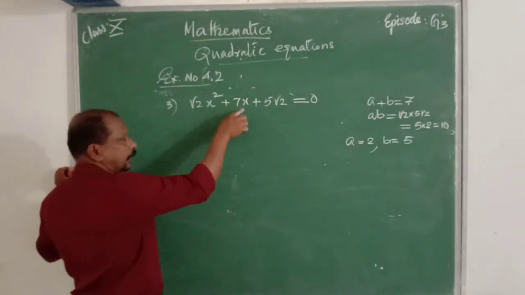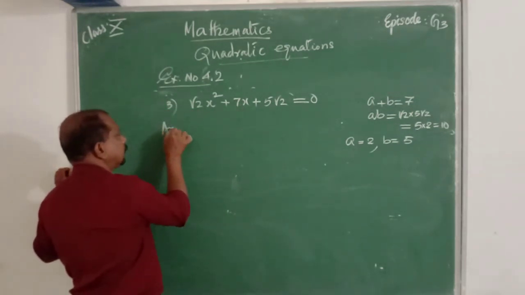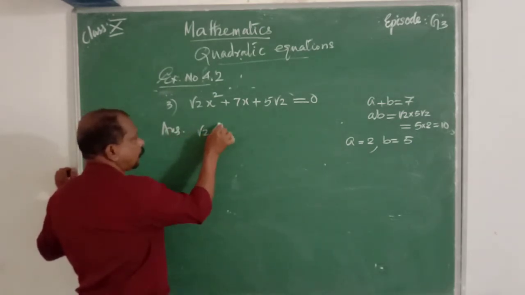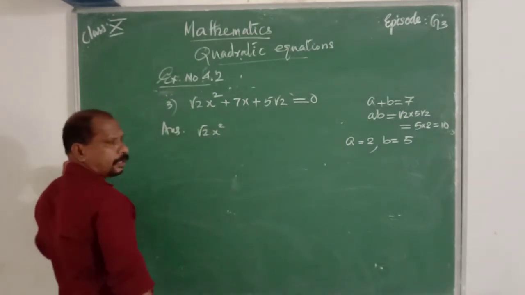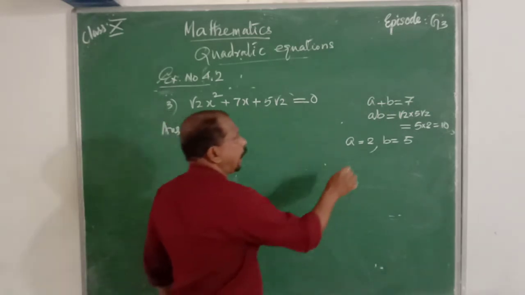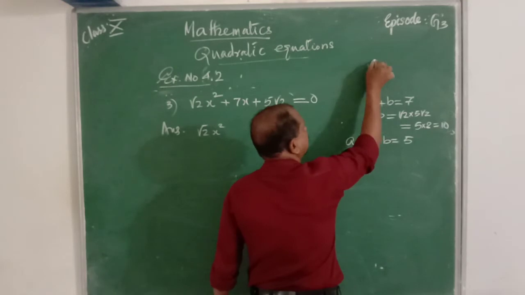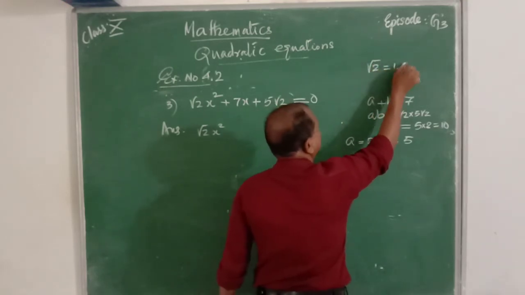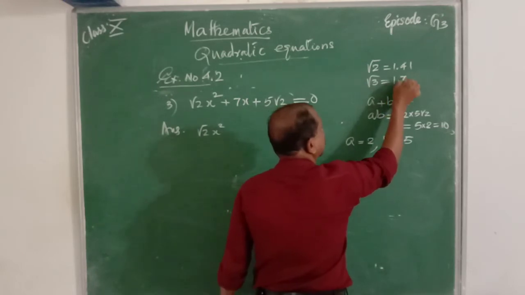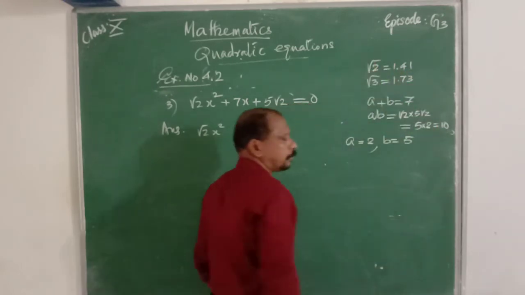Therefore, split the second term. That is, the answer is root 2 x square. Root 2 means it is a radical expression. Root means radical sign. The value of root 2 is approximately 1.41. Similarly, root 3 is approximately 1.73. These are the values of root 2 and root 3.